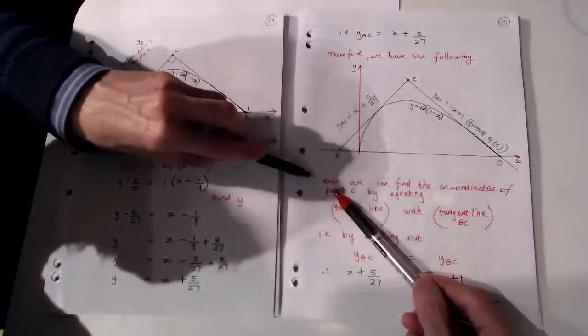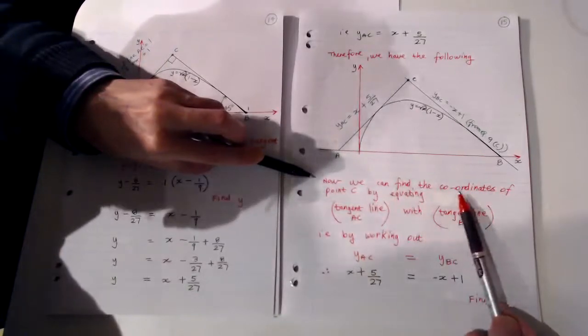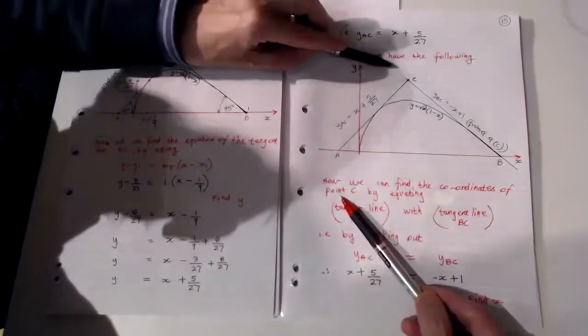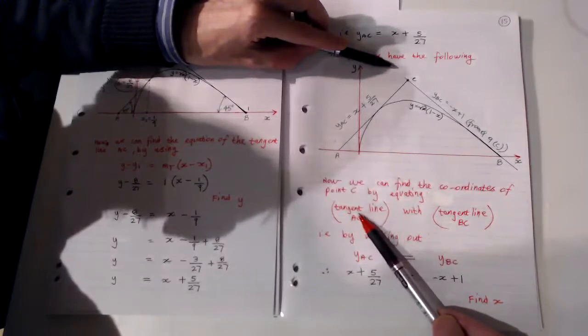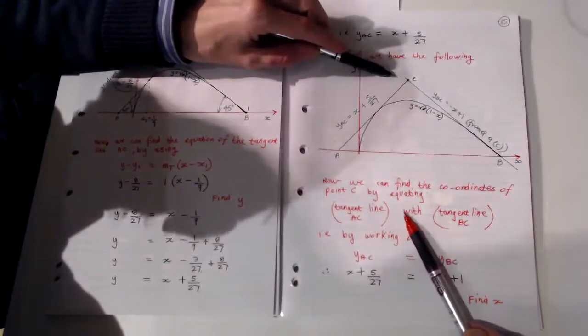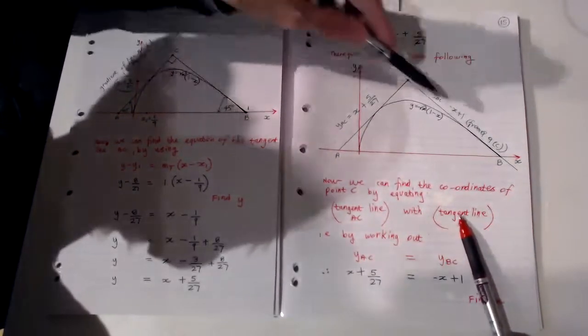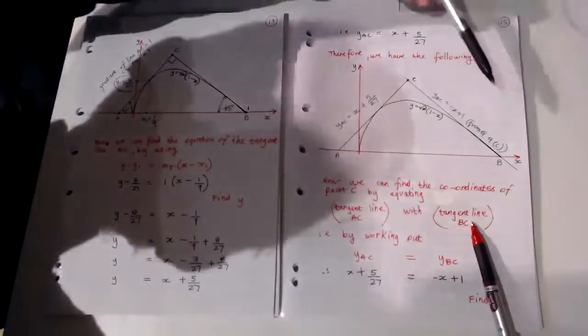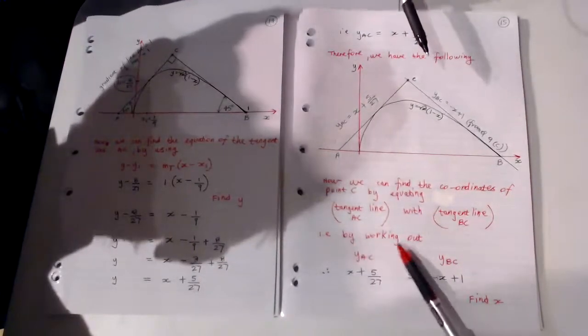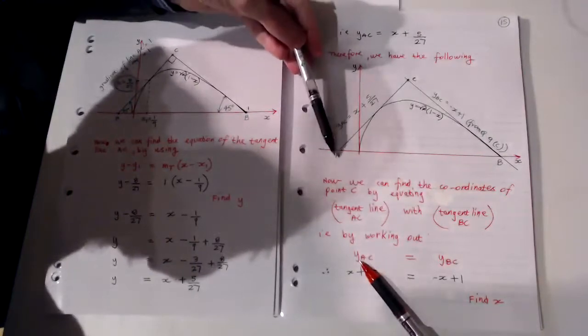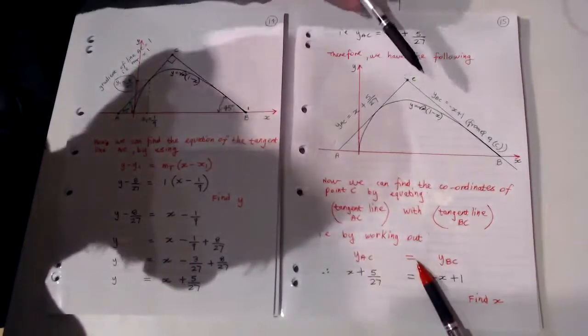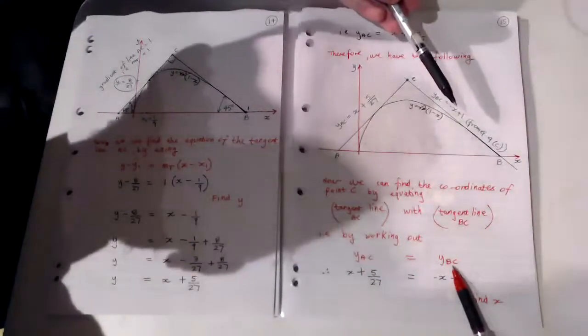Now we can find the coordinates of point C by equating the two, that is by working out y subscript AC equal to y subscript BC.